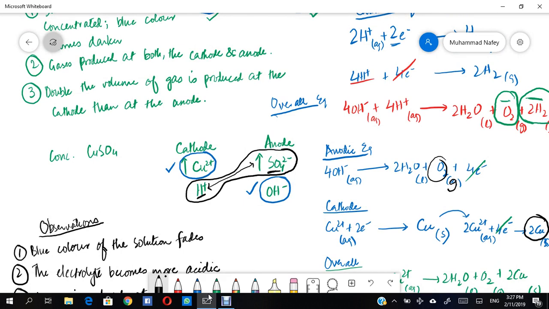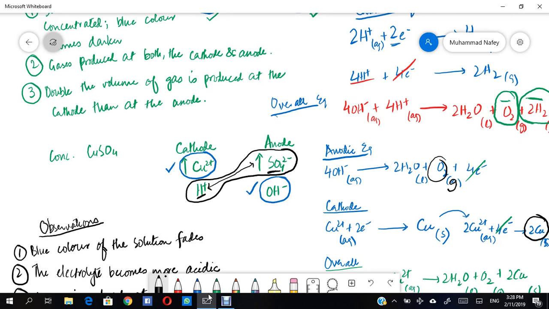In electrolysis of dilute copper sulfate, gases were being produced at both the cathode and the anode, whereas this time a gas is being produced only at the anode, whereas we have a metallic deposit underneath the cathode. And since gases are not being produced at both the electrodes, the volume of the gases produced is immaterial here.